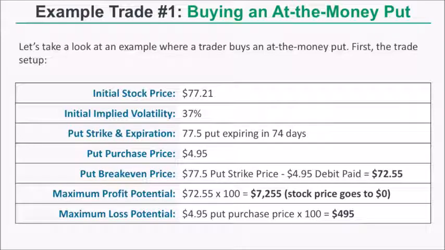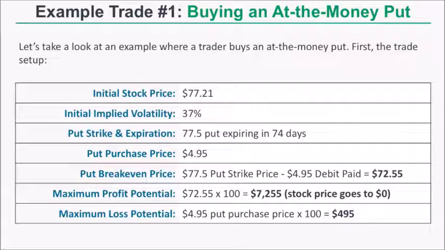This comes from the fact that if the stock price goes to 0, that 77.5 put will be worth $77.50, and since we paid $4.95 for it, our net profit will be $72.55. $72.55 times 100 is $7,255. That maximum profit potential is only realized if the stock price goes to 0, which is extremely unlikely.